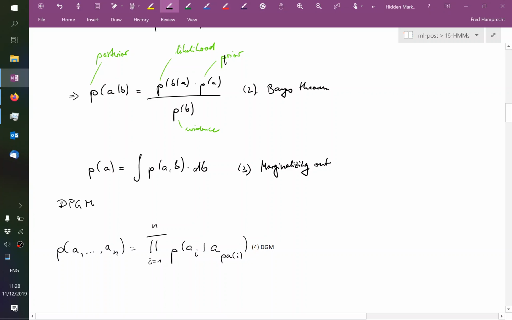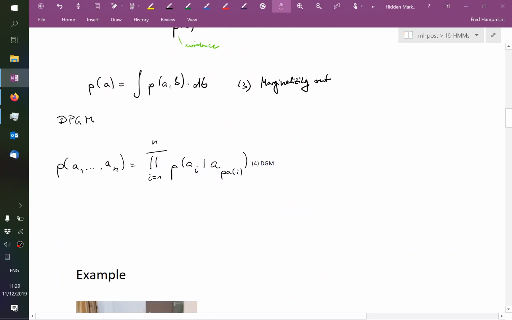All right, this was the convention that we used last time. This is the equation that we have in mind when we draw a directed probabilistic graphical model. Good.